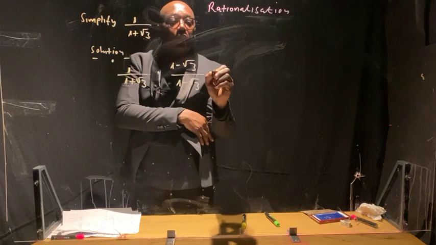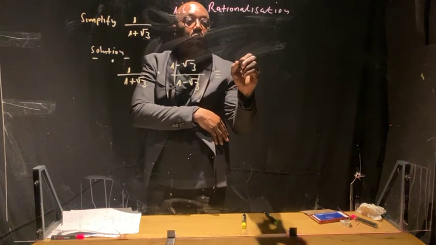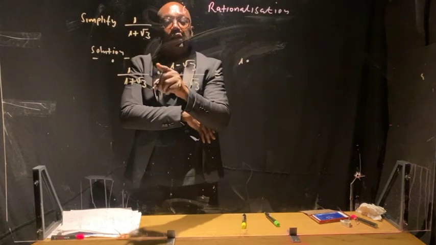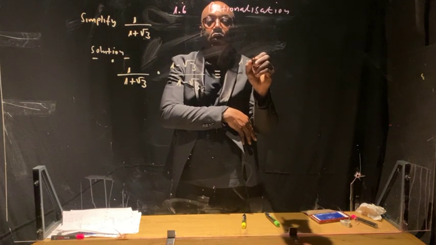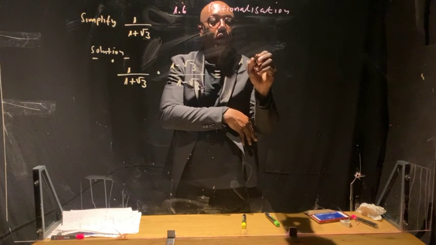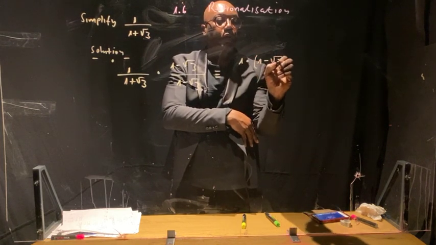You change the sign here in rationalization. So this one becomes 1 multiplied by the numerator is equal to 1 minus root 3.